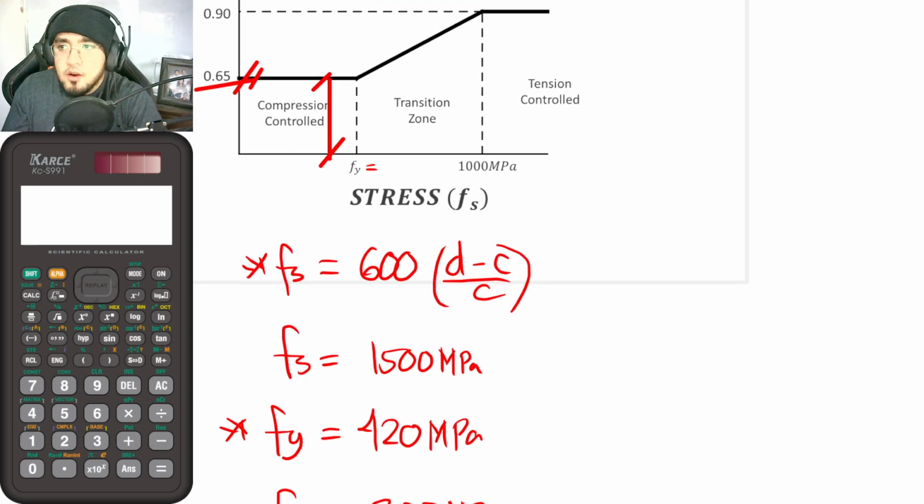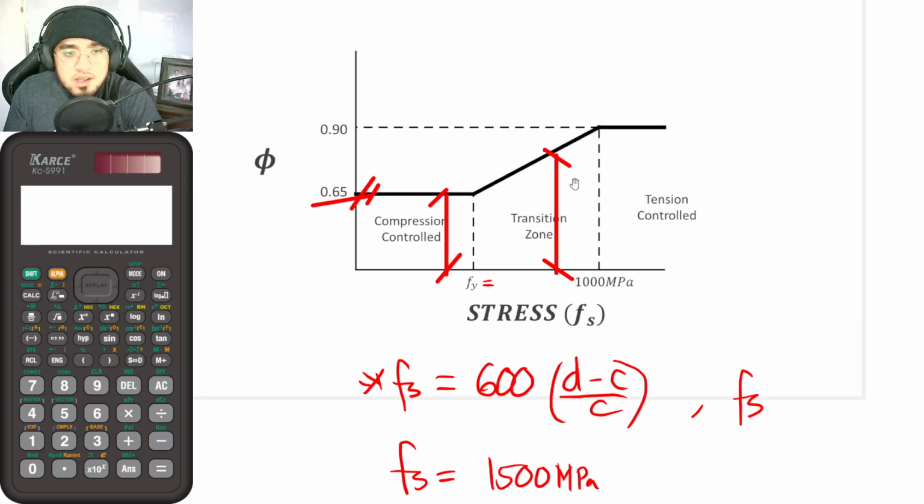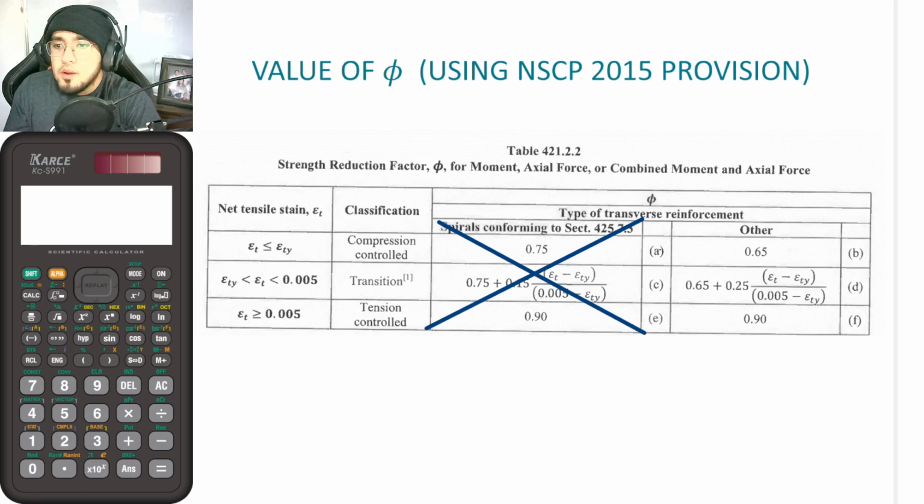If the value of your Fs is greater than Fy but less than 1,000, it means that it is under transition controlled. So here, transition controlled. And if it is under transition controlled, if you were memorizing a formula, it would be this formula here, or you can make use of this formula here in terms of strain.